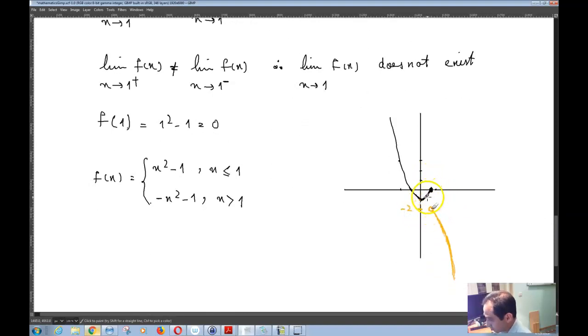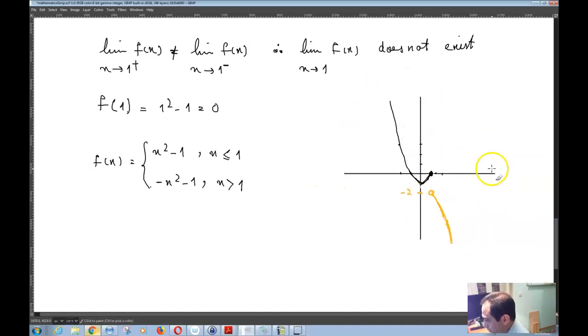As a result of that, the limit of the function at x is equal to 1 does not exist, because the function is generating this value 0 over here, negative 2 over here. They don't match. So although the function is defined at x is equal to 1, the limit of the function does not exist at that point. That is basically all about this function.